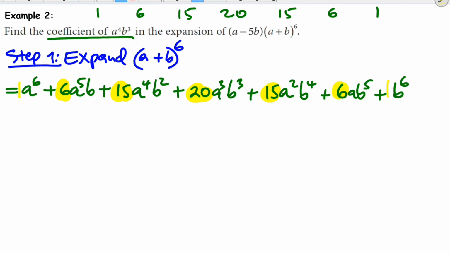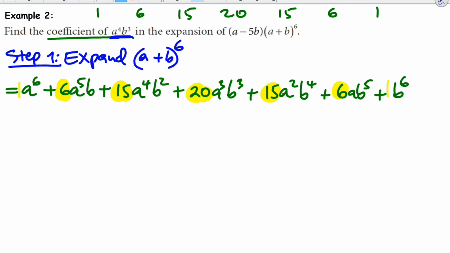So step 2 is another most important step. Since we are interested in finding the items with a to power 4, b to power 3, by inspection we just need to combine the necessary terms. Because what you're interested in here is just the items with a to power 4, b to power 3.